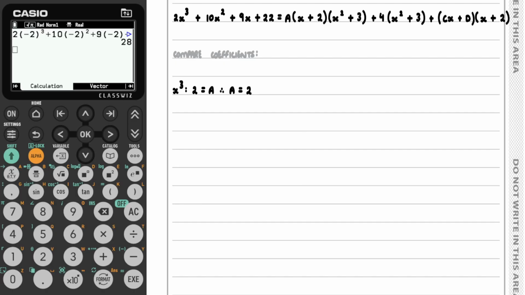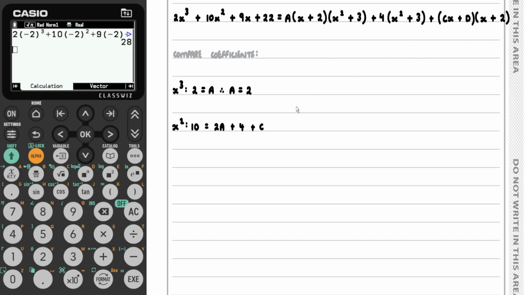If we now take a look at the x squareds, on the left hand side we have 10 of them, and on the right hand side we would have a times by 2 times x squared, plus 4 times by x squared, plus cx times by x.